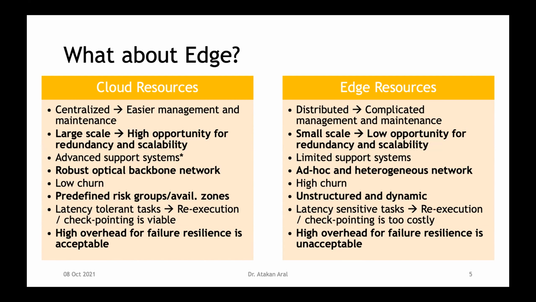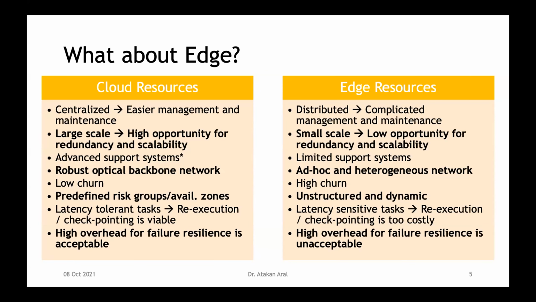Then cloud data centers have advanced support systems such as duplicated electrical lines, diesel backup generators, fire suppression systems, or liquid cooling, all kinds of high-end technology for supporting these infrastructures, which also lack in edge resources, because edge resources are by definition at the edge of the network, closer to the user, and they are small in size as well, so you don't have the possibility of these advanced support systems.